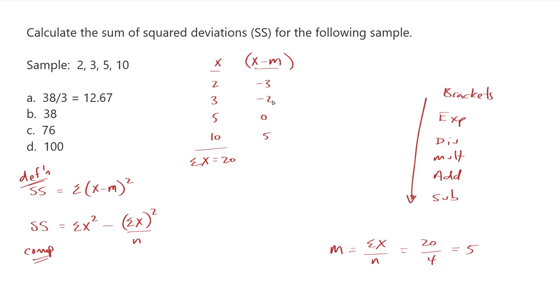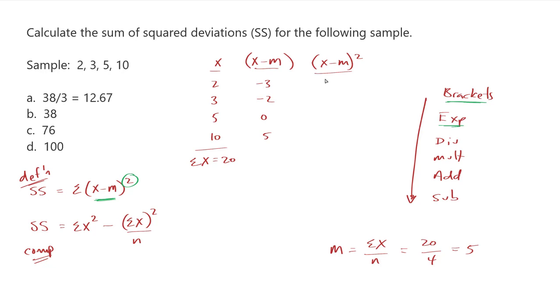Okay, so am I supposed to do anything with these? Well, out of the formula here, what I've done so far is I've looked at what's in the brackets, which is the deviation. Now I have to move on to my exponent, because that's what comes next. So I'm going to square each of the deviations that I've already found.